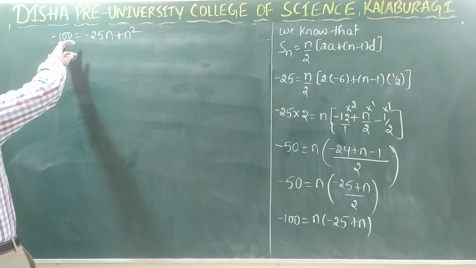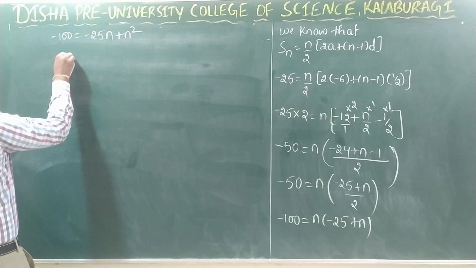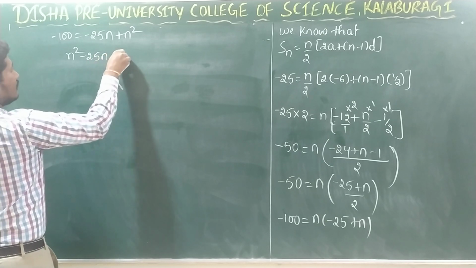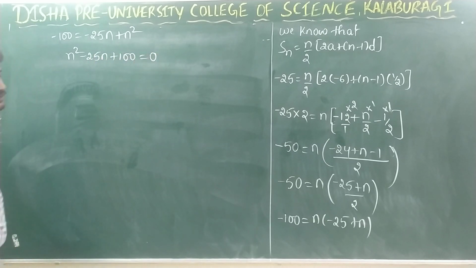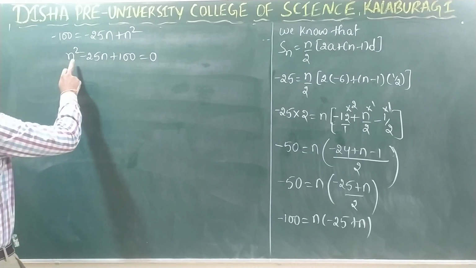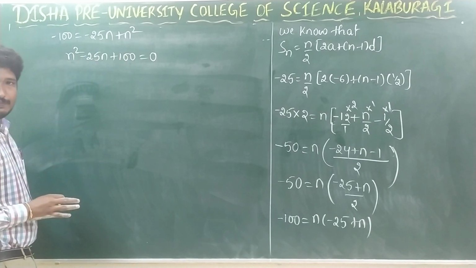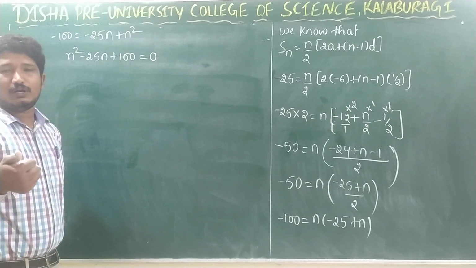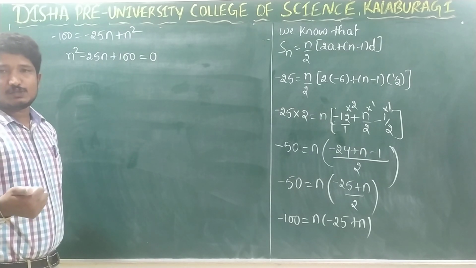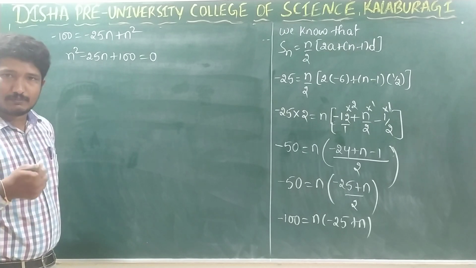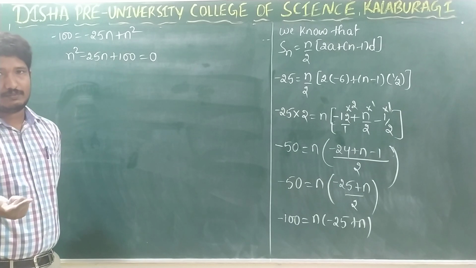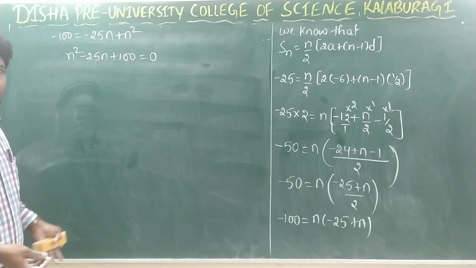Now let us transfer this term to the RHS. So what we will get? N square minus 25n plus 100 is equal to 0. Now, this is a quadratic equation. So how did you solve a quadratic equation? You have solved it by using the formula, that is minus b plus or minus root b square minus 4ac by 2a, or you have solved it by the factorization method. Right? So let us solve with the factorization method.